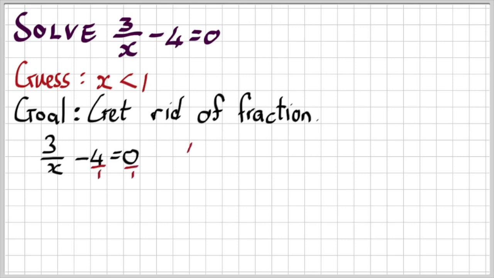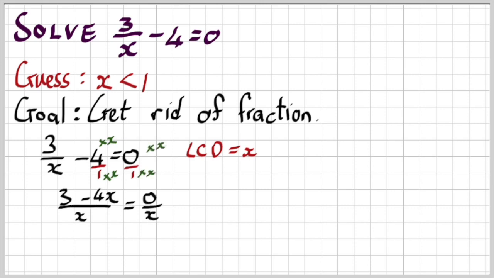So what is my LCD now? My LCD is x. Okay? So if I times by x straight through in my denominators, I've got 3 minus 4x over x equal to 0 over x.